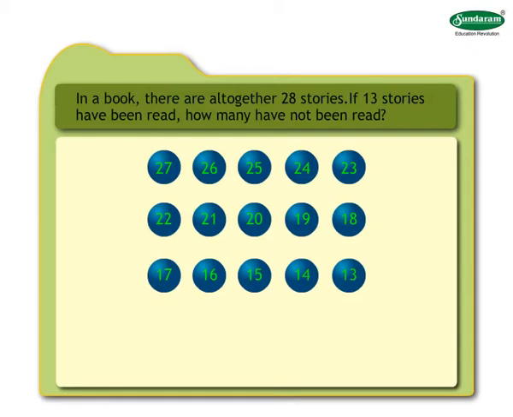Draw a dot for each number. On counting, we can see that there are 15 dots. Hence, 28 minus 13 is equal to 15. Therefore, answer is 15 stories are not read.